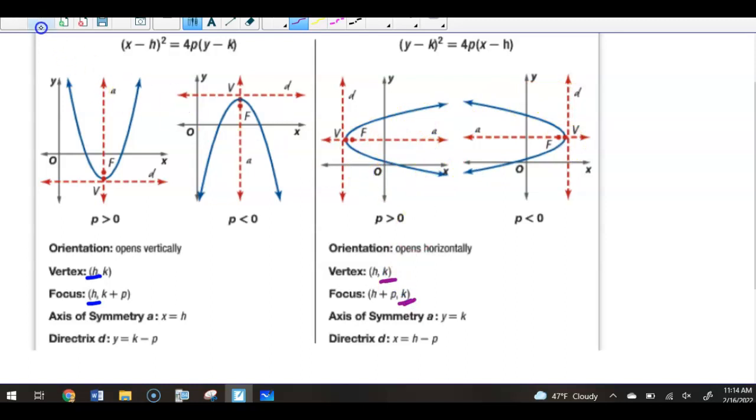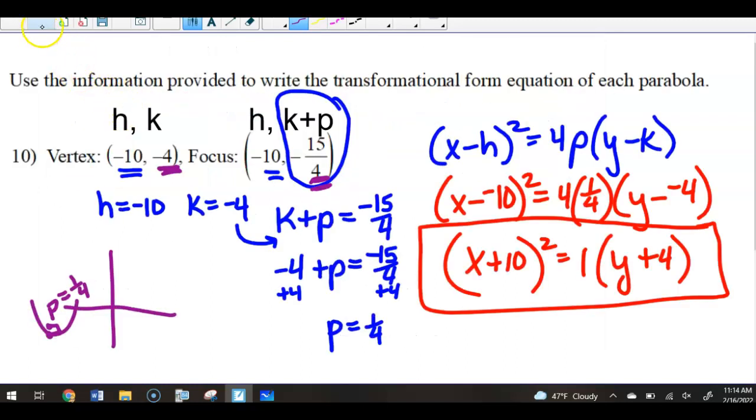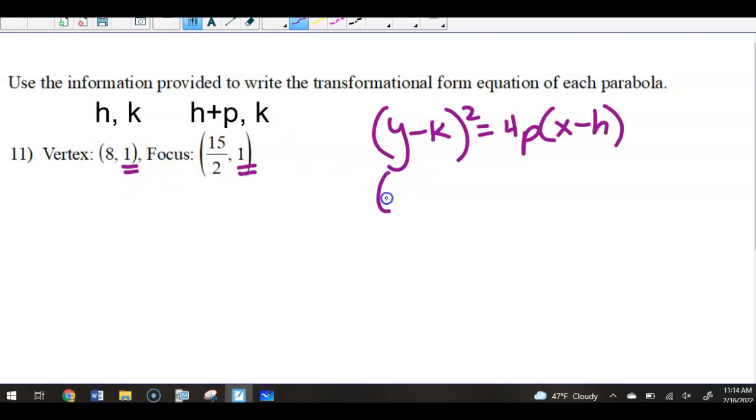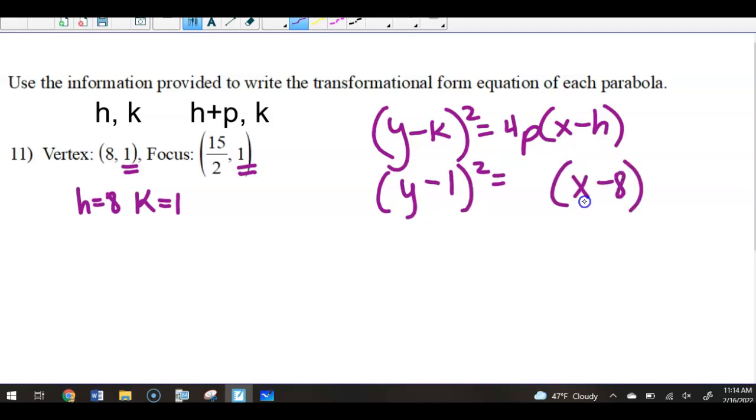Okay, so I am using a general equation of y minus k squared equals 4p times x minus h. Well, I already know h and k are 8 and 1. Right here, h equals 8, k equals 1. So I have y minus 1 squared equals, and over here this is going to be x minus 8.